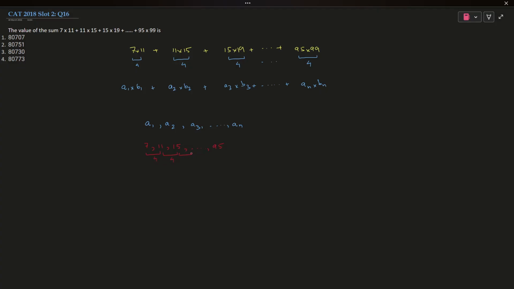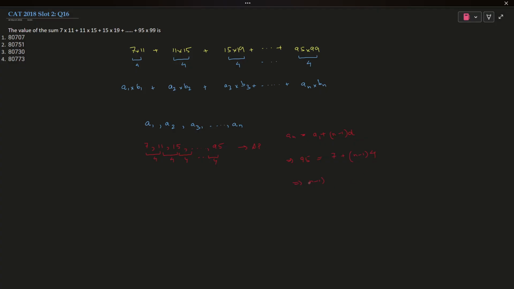So from here to here, it is also 4. So this is an AP, an arithmetic progression. In an arithmetic progression, the nth term an is given as a1 plus n minus 1 into d. The nth term is 95, a1 is the first term 7, plus n minus 1 into d, where d is the common difference, which is 4.